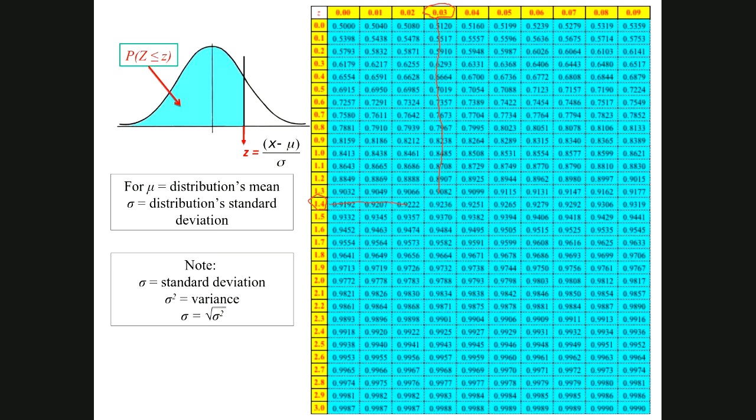In this case, it's 0.9236. And that's our answer. The probability is 92.36%. All right, let's go to another example.